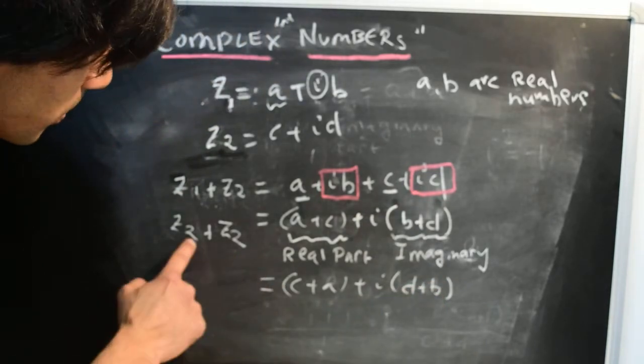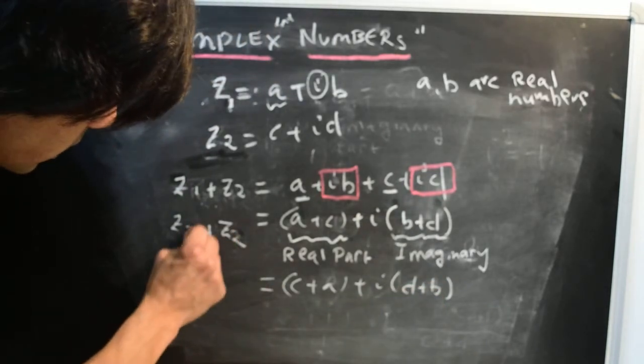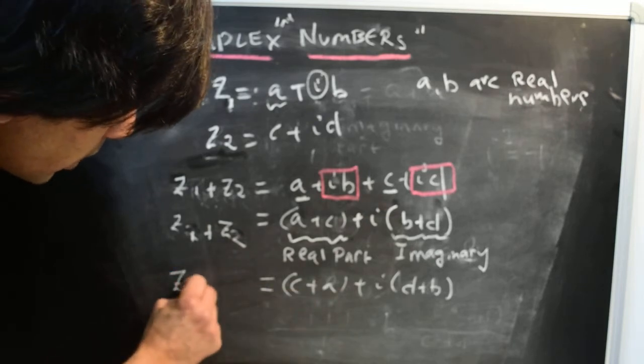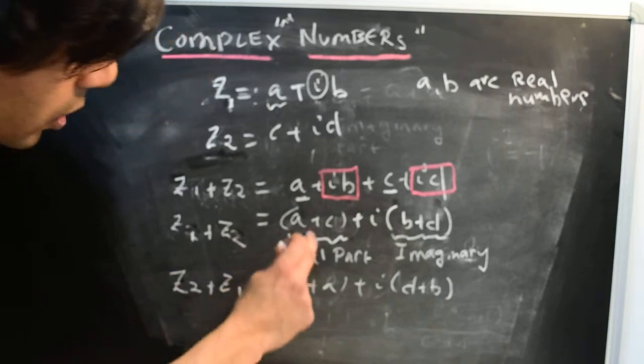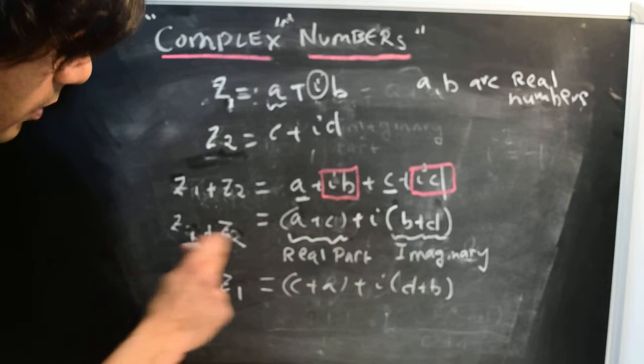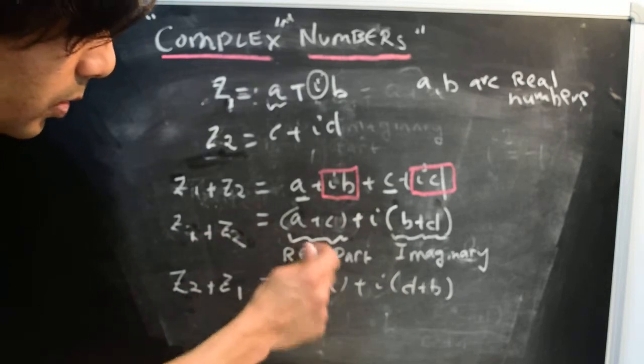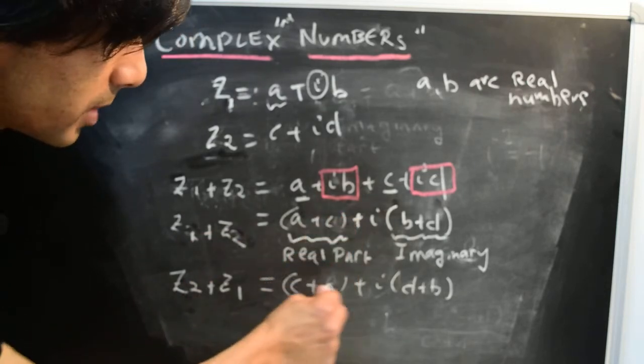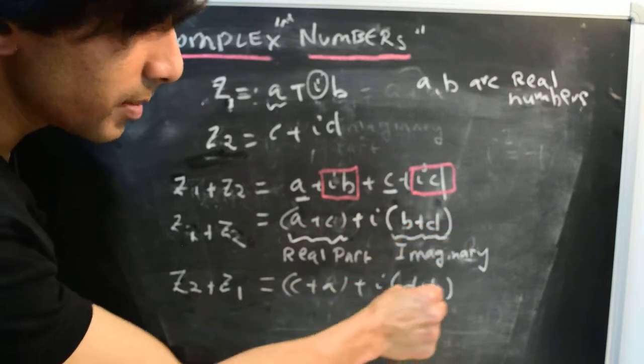Sorry, let's just write this as z1 plus z2, and this is z2 plus z1. Because real numbers commute, we find that z1 plus z2 is actually equal to z2 plus z1, because a plus c is equal to c plus a, and b plus d equals d plus b.